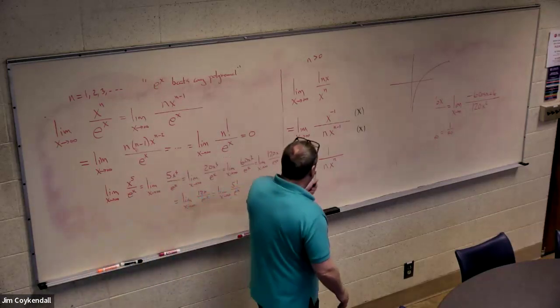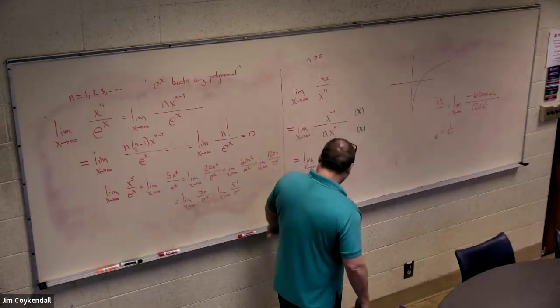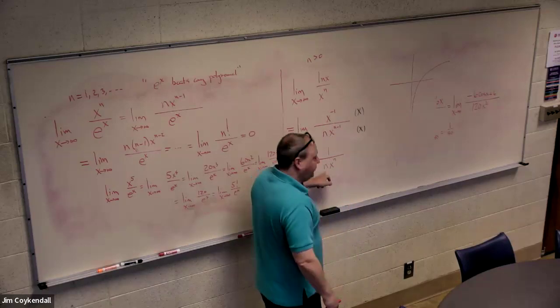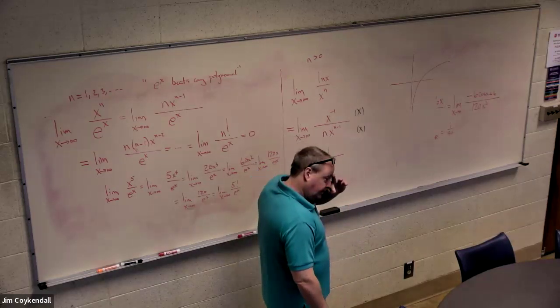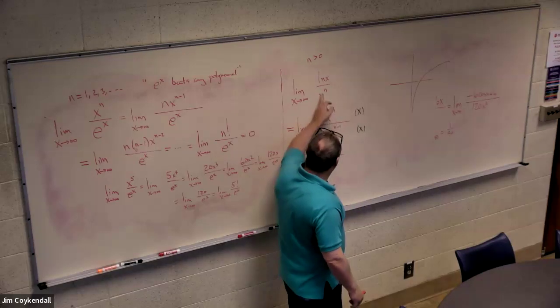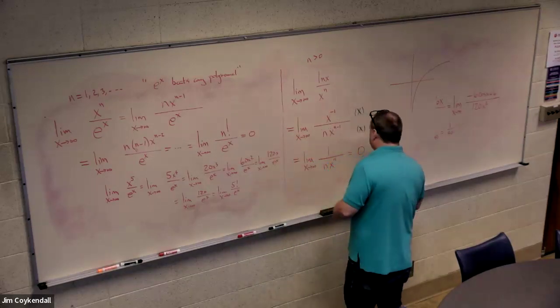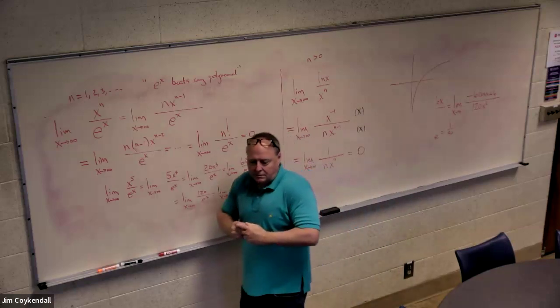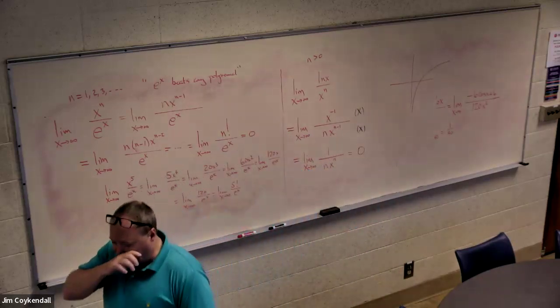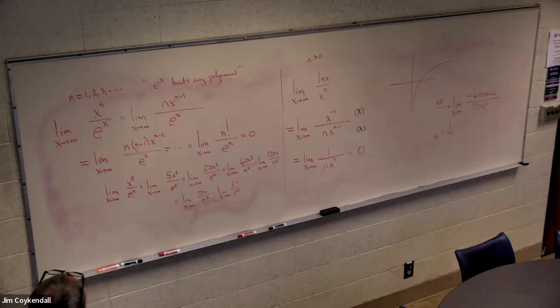Now, the numerator, this is 1. What's the bottom going to? The bottom's going to infinity, because again, you've got a positive power there. So this goes to 0. So just like the exponential beats any positive power of x, any positive power of x beats the logarithm.